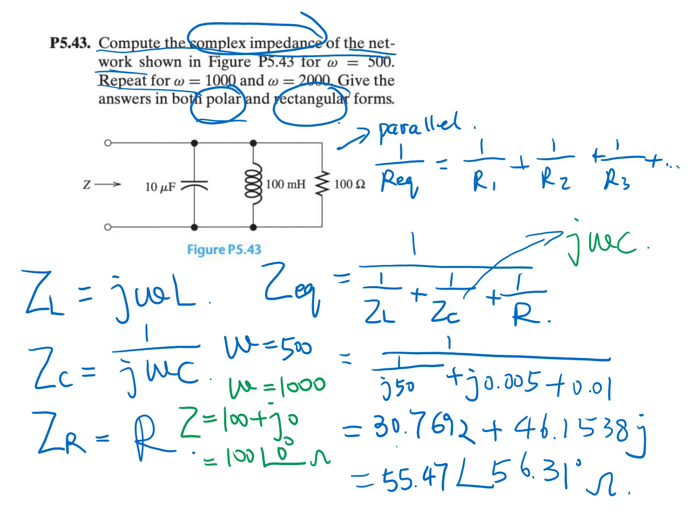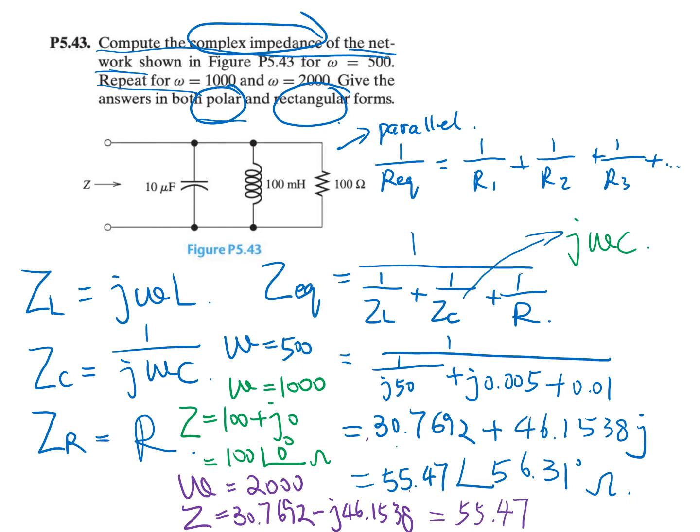And if you substitute in the omega as 2000, you have Z is equal to 30.7692 minus J46.1538. That's in polar form 55.47, the angle of negative 56.31 degree.